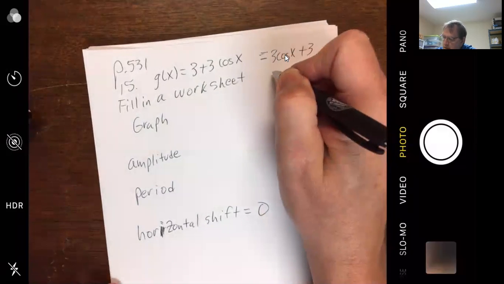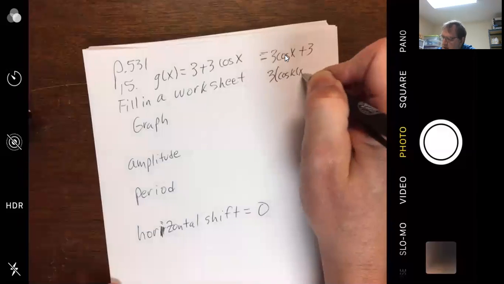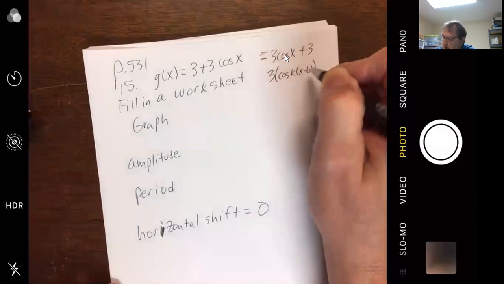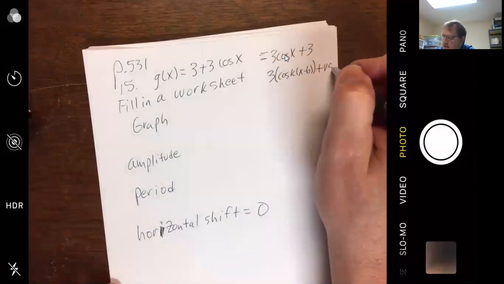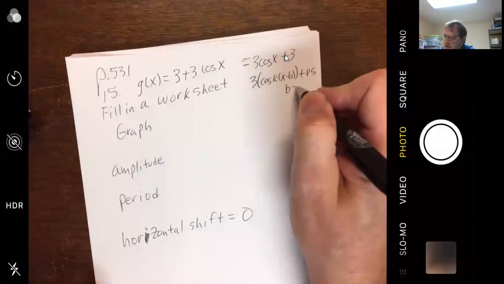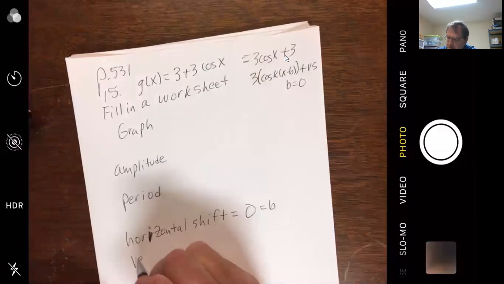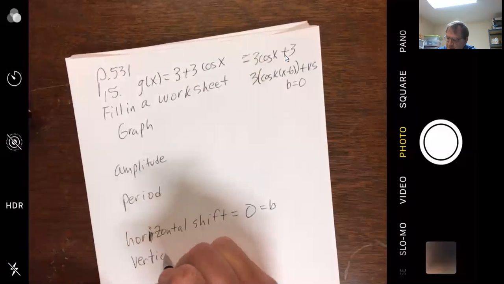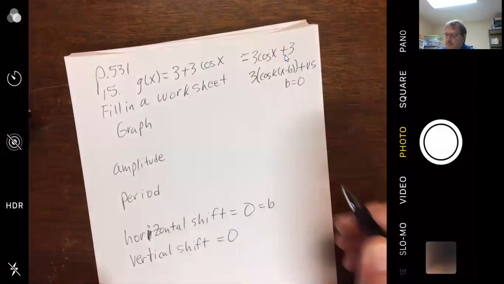And if you then go 3 cosine of k times x minus b, with the extra parentheses there, plus your vertical shift, you can tell b is 0. And vertical shift is also 0.